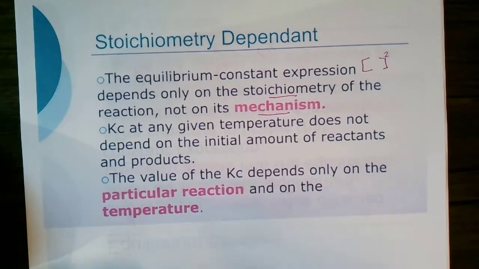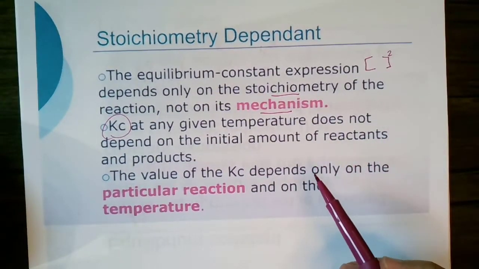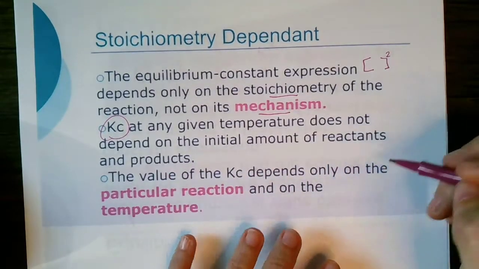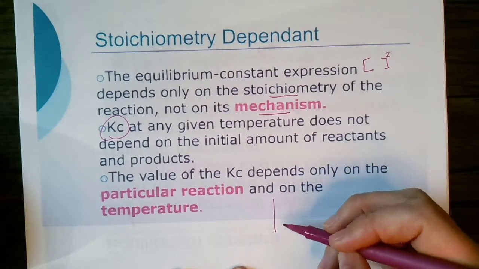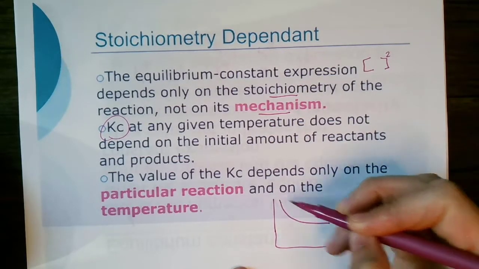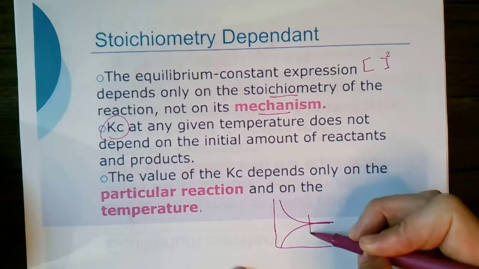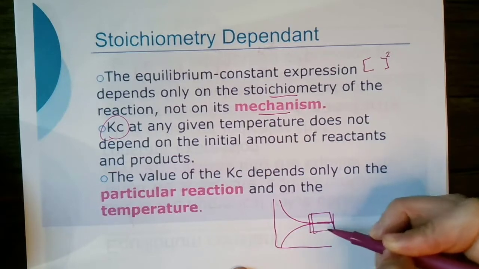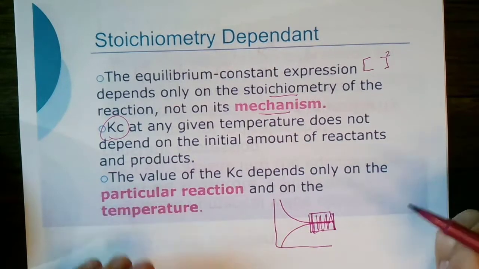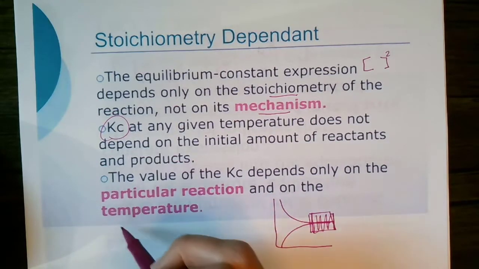The Kc, the equilibrium constant at any given temperature, does not depend on the initial amount of reactants and products. Again, we don't care about the amount of it. What we're looking at is the rate of the reactants becoming the products and the products coming back to the reactants. We're looking at this aspect right here where the rates will be equal, and the value of Kc depends only on the particular reaction and on the temperature.